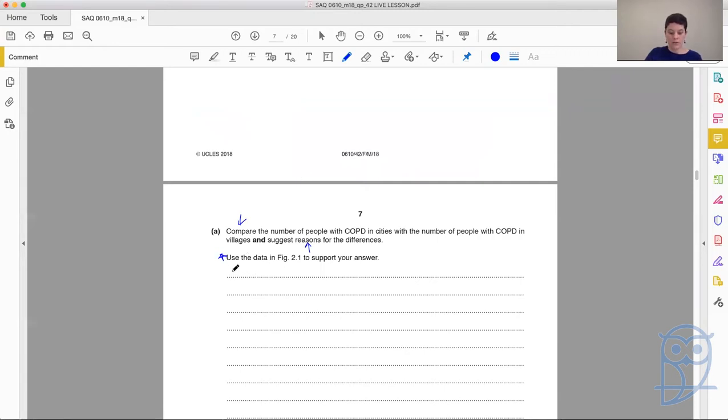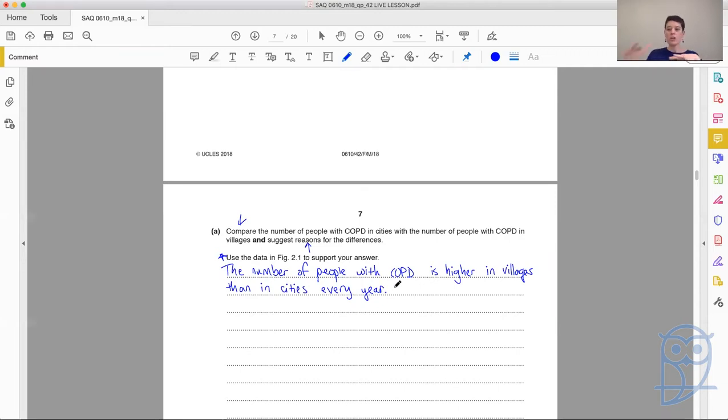Okay, so the number of people with COPD is higher in villages than in cities every year.